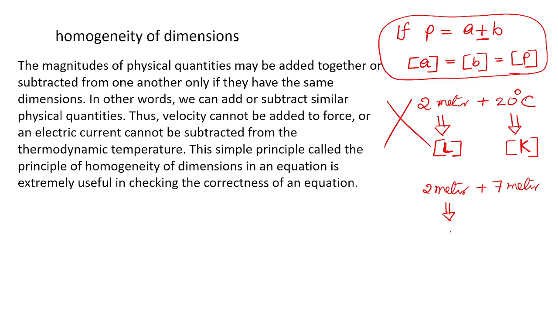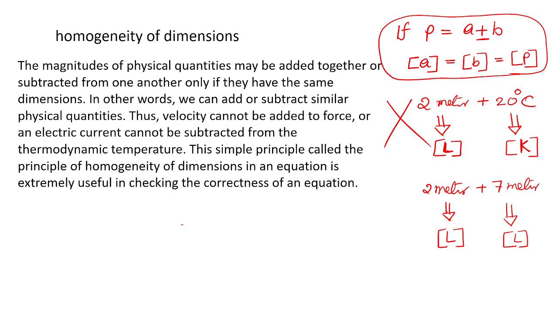Here both of them have the same dimension. 2 meter dimension L, 7 meter dimension also L. So addition or subtraction is possible only if the quantities have the same dimensions. If the quantities have different dimensions, addition will be meaningless, understood?